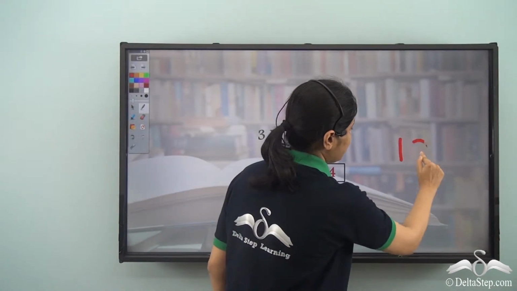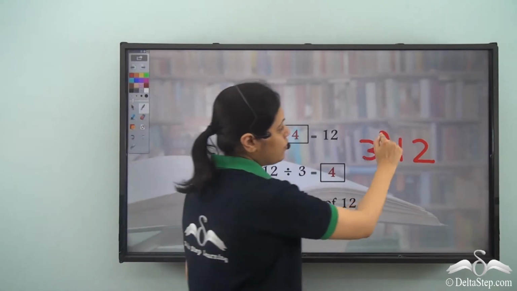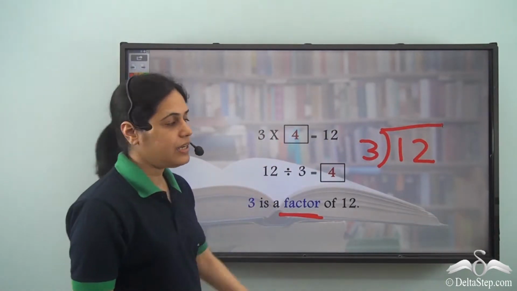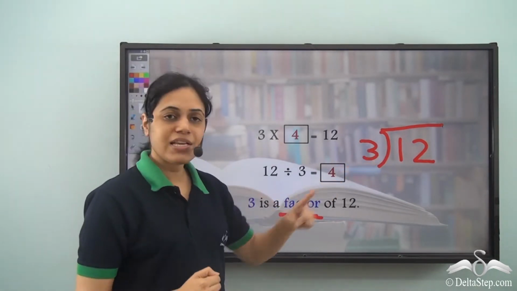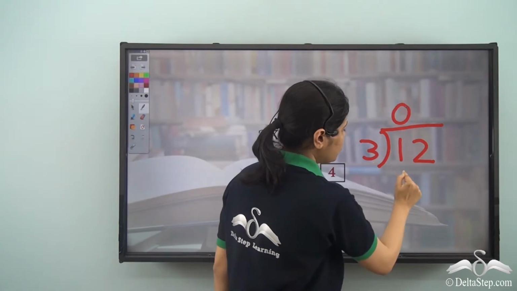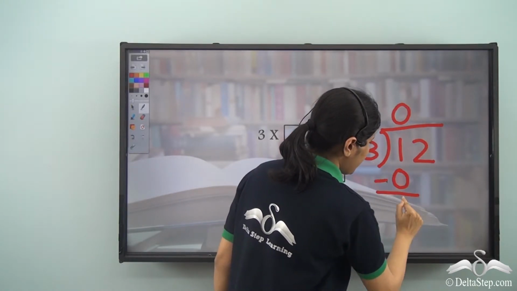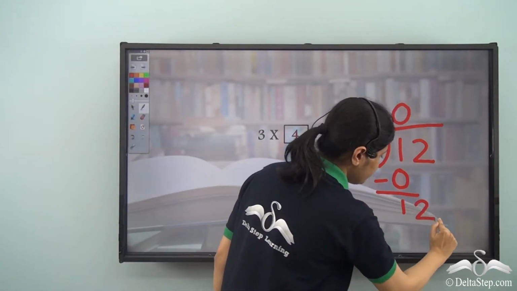Suppose I divide 12 by 3. First I consider the first digit, 1. 1 is less than 3, so I write a 0 here. 0 into 3 is 0. 1 minus 0 is 1. Now I bring this 2 down.